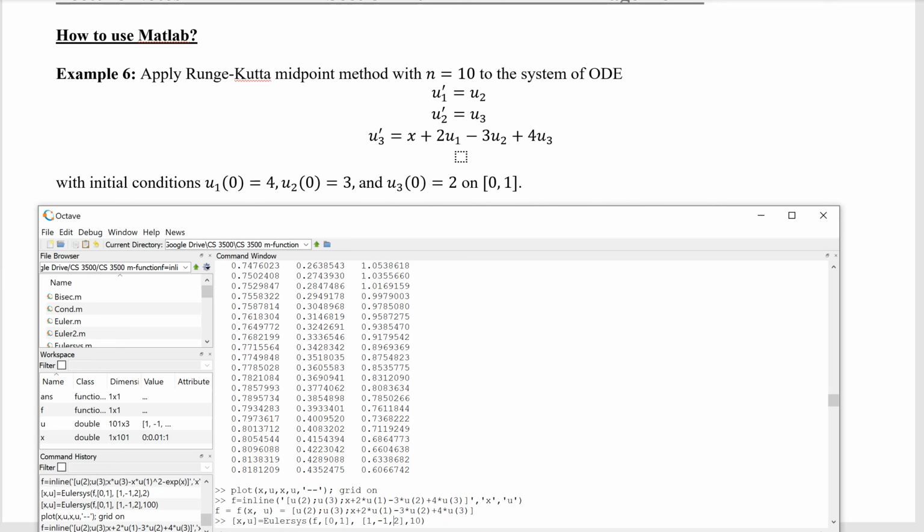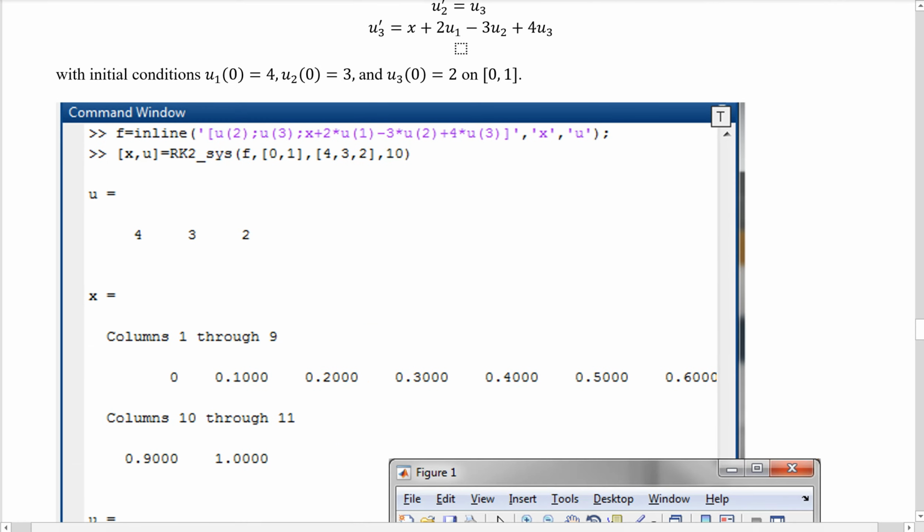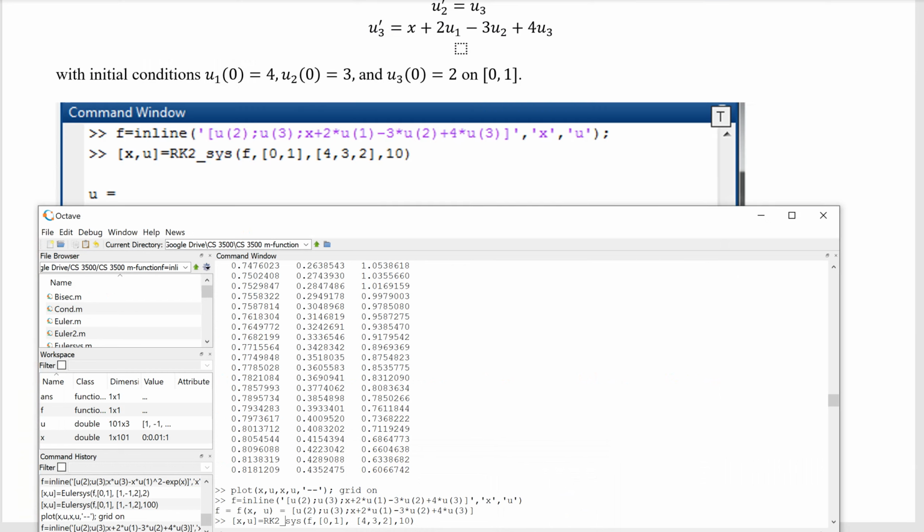Initial conditions 4, 3, 2. The interval is still from 0 to 1. And this is RK2. Let's see. Yep. Okay, so we're ready. Enter.